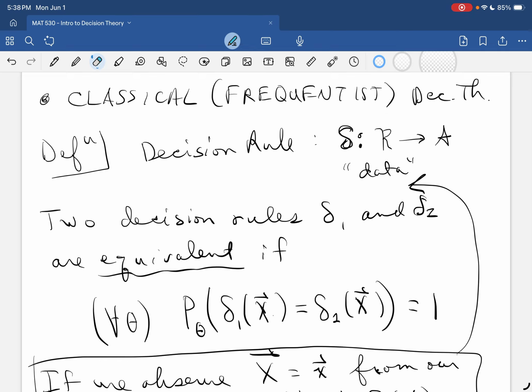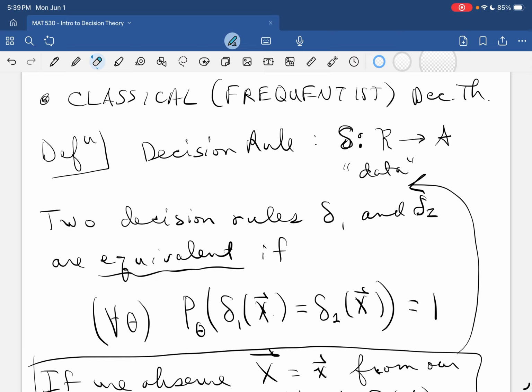That's what we do with a classical decision rule: we take the data, the x's, and based on what that is, when we make a decision, we take an action. A decision rule is essentially a mapping defined in that way.